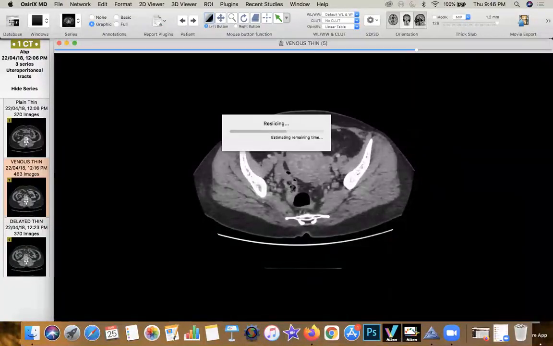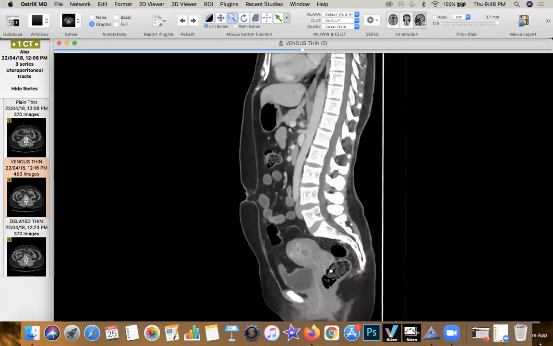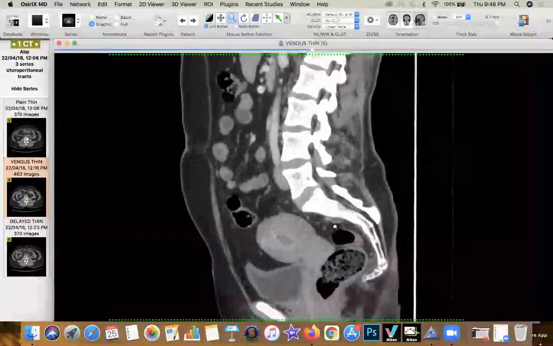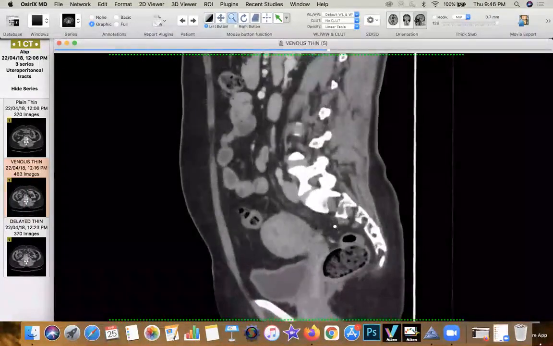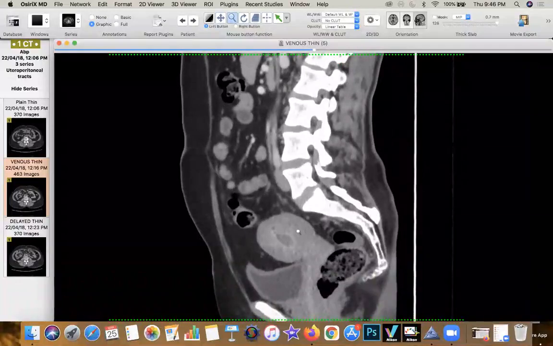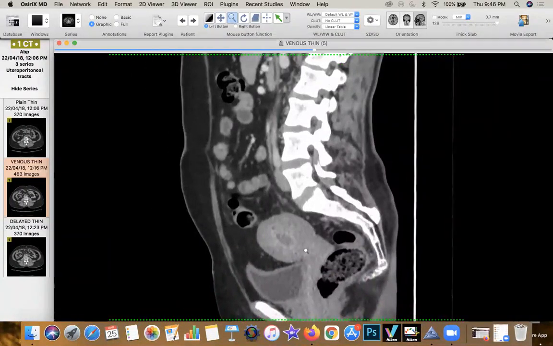So what we have out here, I'm just going to show you the sagittal plane images in this case. And when I'm showing the sagittal plane, I'll first show you the endometrial cavity. So this is the endometrial cavity. You can see that rim enhancement which is seen in this.